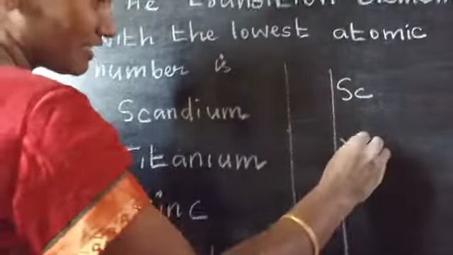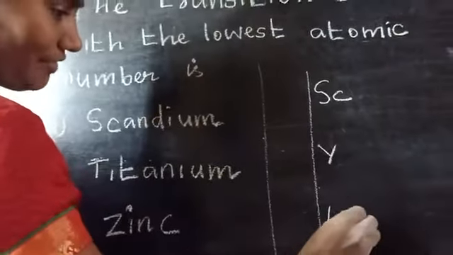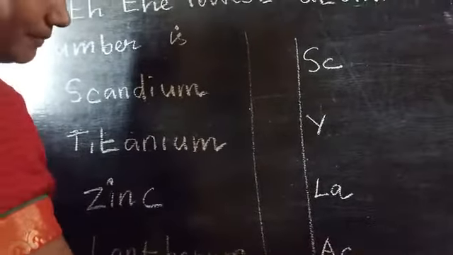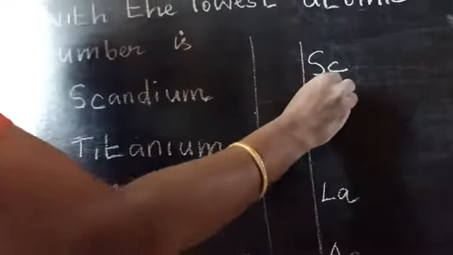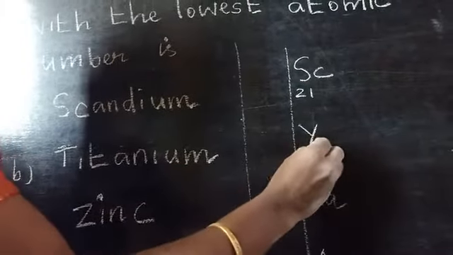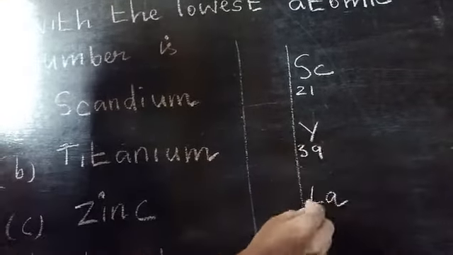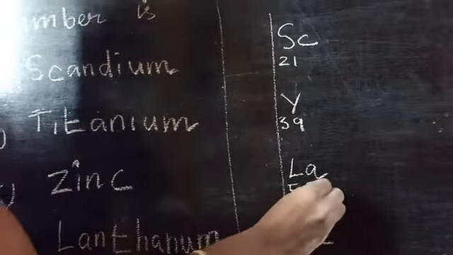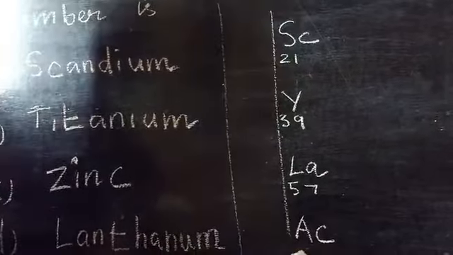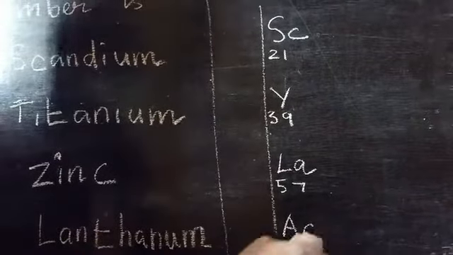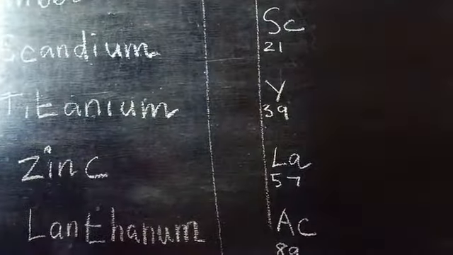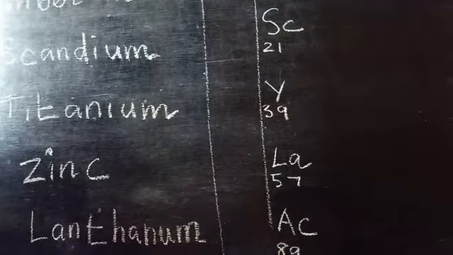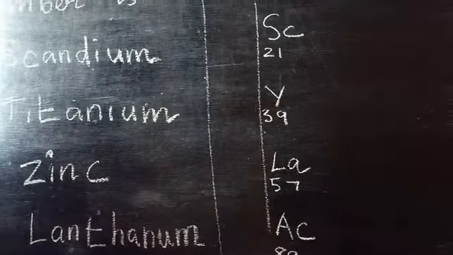Next yttrium, lanthanum, actinium. This one atomic number 21, atomic number 39, atomic number 57, actinium atomic number 89. Okay, children. So this is the starting element for d block elements, transition elements.